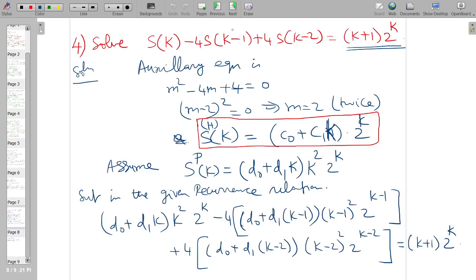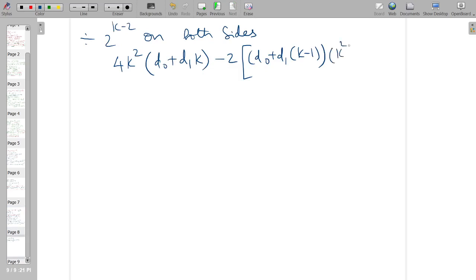This will be multiplied with k minus 1 the whole square, which would give you k squared minus 2k plus 1.